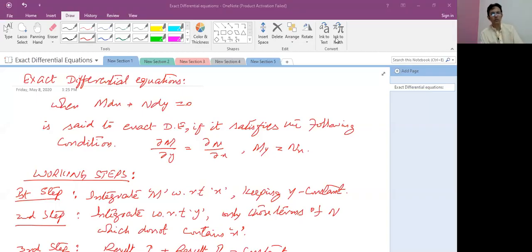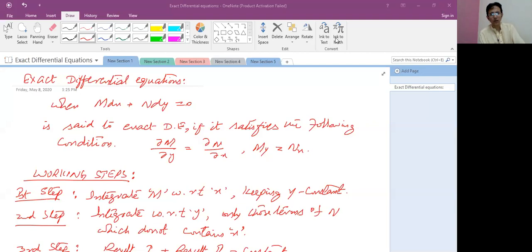Today we will talk about the exact differential equation. How can we find it, and what is the methodology when we determine the exact differential equation? When M dx plus N dy equals 0, it is said to be an exact differential equation if it satisfies the following condition.